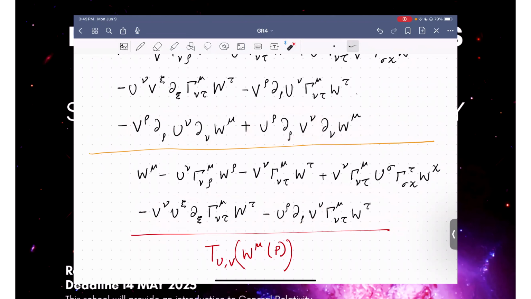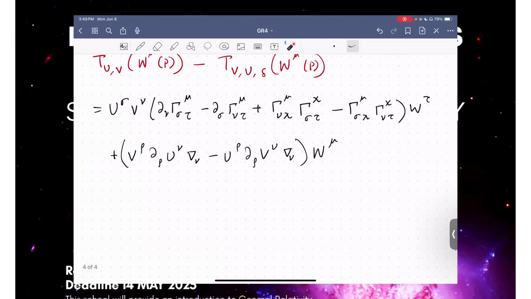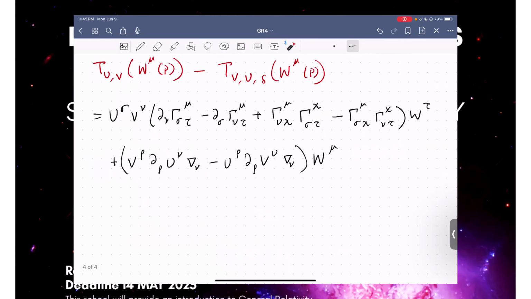But here you have a partial derivative, and here you have a Christoffel symbol. So when you subtract this from this, they will have the same sign, and you can take this as a common factor, and what you will be left with is a partial derivative plus a Christoffel symbol, which will combine to give you a covariant derivative. And the same thing will happen for this and this. So in that way, you end up with these expressions.